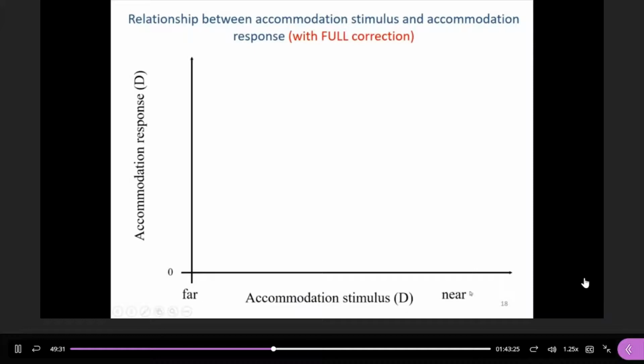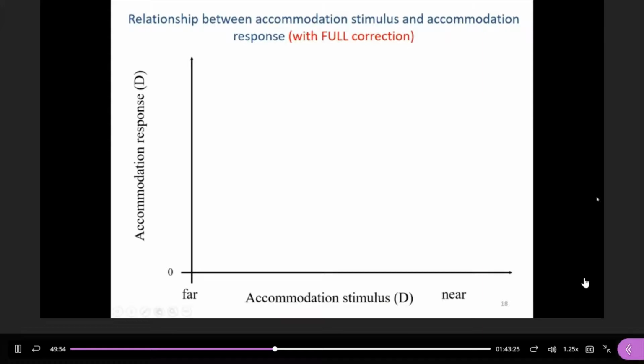This can be illustrated using this diagram, which illustrates the relationship between the accommodation stimulus and accommodation response. One very important thing for plotting this graph is that we should assume all patients are fully corrected.